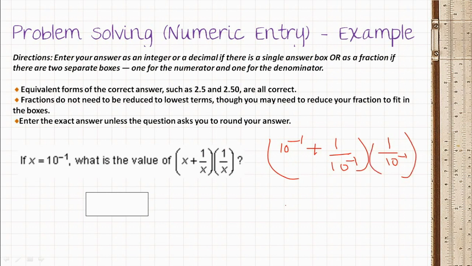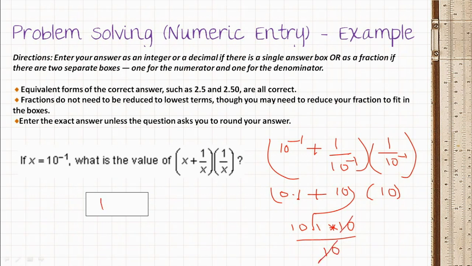So this will be 0.1 plus 1 upon 0.1, which is 10, and here it will be into 10. So what it will give is 10.1 into 10 divided by, if we take off this decimal point, we can write here 10, and 10 gets cancelled. So the answer is 101, which we need to type in here.